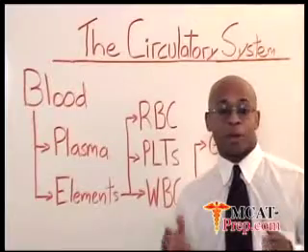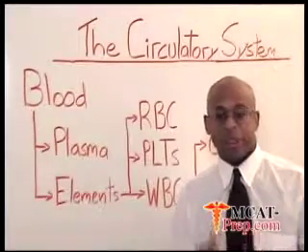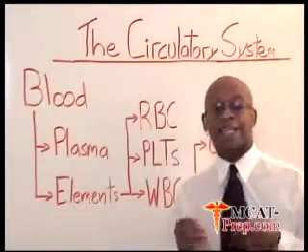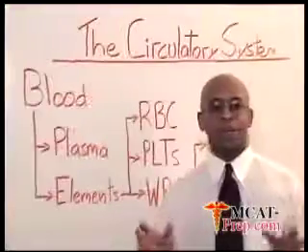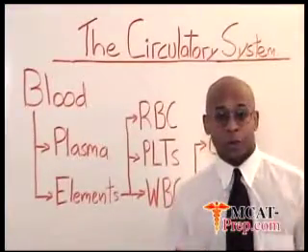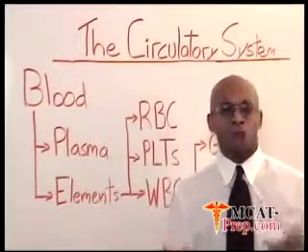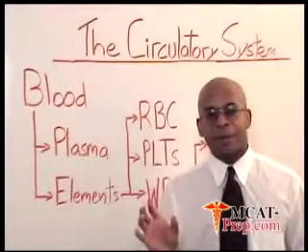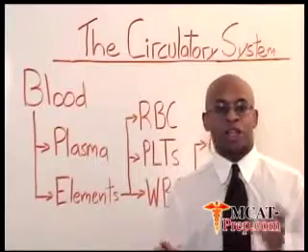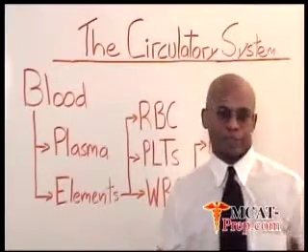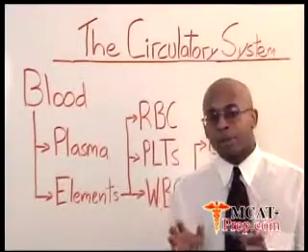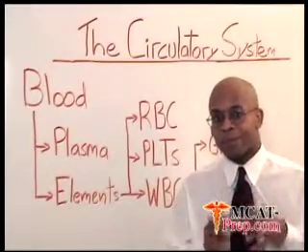Now, red blood cells are biconcave cells, and they contain hemoglobin. Hemoglobin is a molecule that has two parts, the heme and the globin part. The heme has iron in it. Globin is a protein. So hemoglobin is very important in the red blood cell.